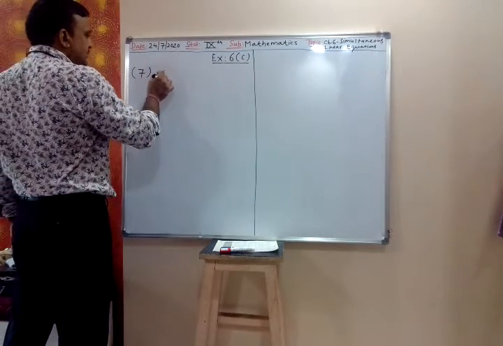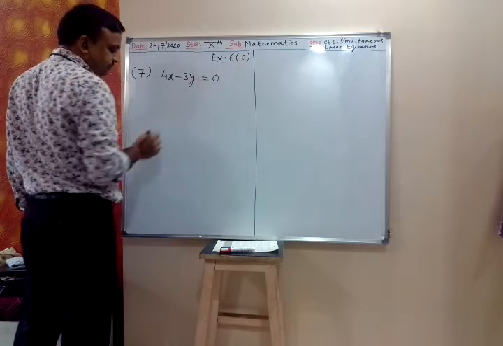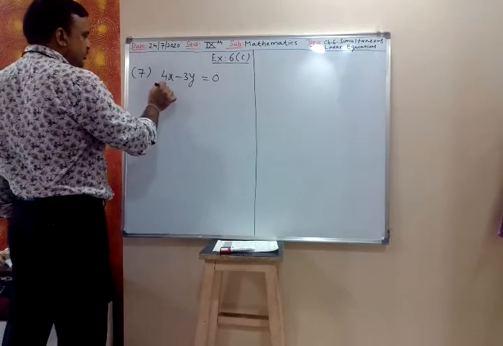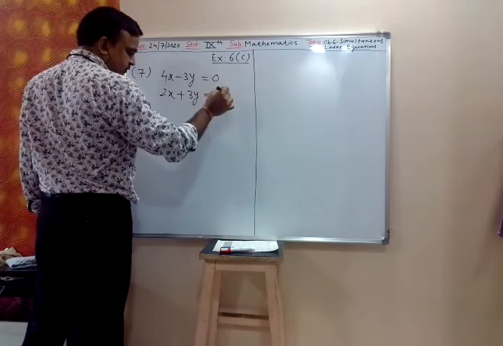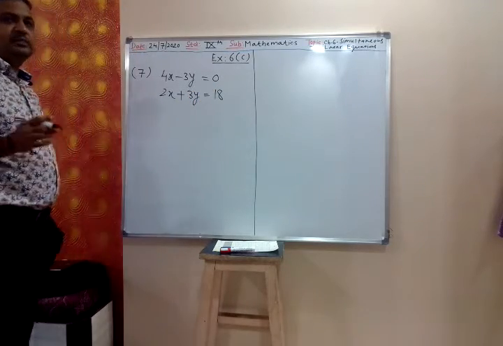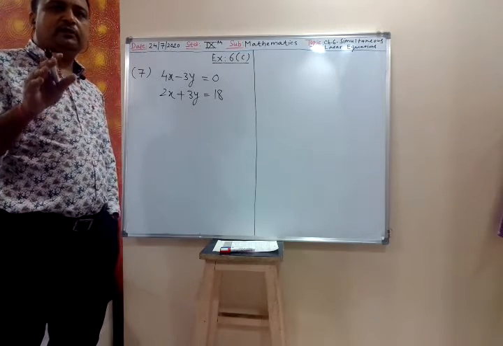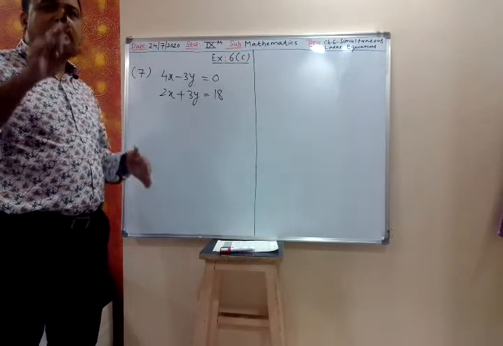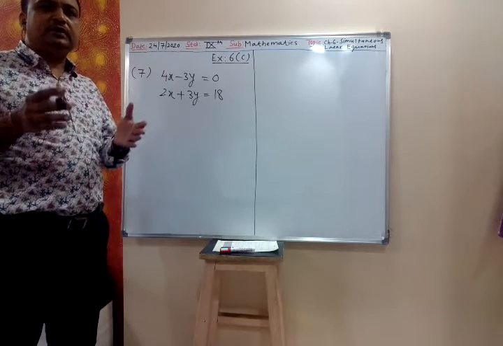By cross multiplication method, 4x minus 3y is equal to 0 and 2x plus 3y is equal to 18. In the cross multiplication method, first we have to write equation 1 in the form of a1x plus b1y plus c1 equal to 0 and get the values of a1, b1, c1.